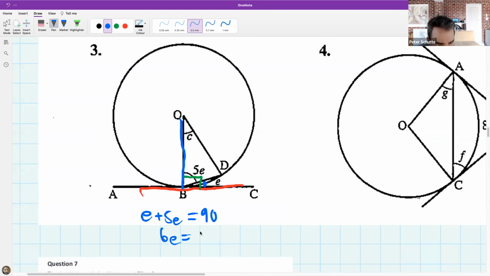So 6E is equal to 90. And I divide both sides by 6, and I get 15.